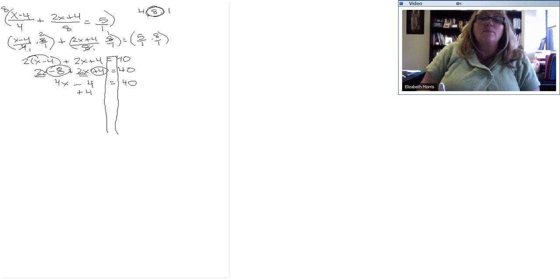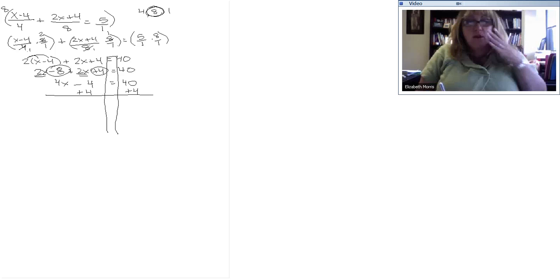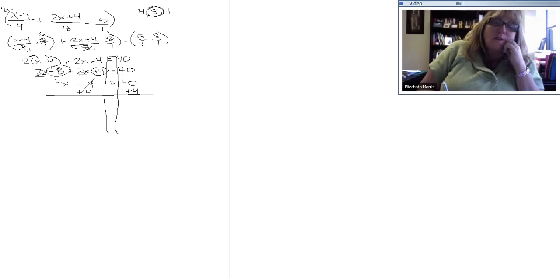Move your number over to the other side by doing its opposite. It's minus 4, so I'm going to add 4, and now that goes away. I'm left with 4x equals, and whatever you do to one side, you do to the other, so you get 44. Now it's 4 times x, so I need to divide. 4 over 4 gives me 1, and 44 divided by 4 gives me 11.